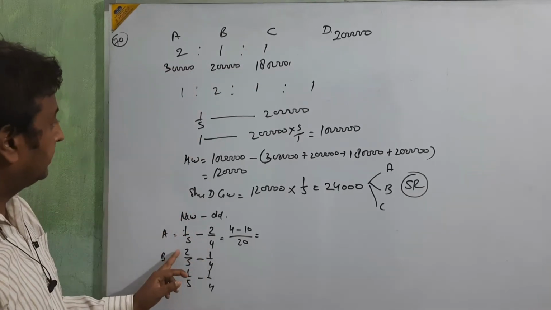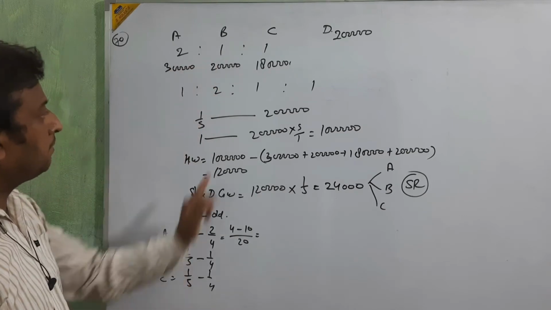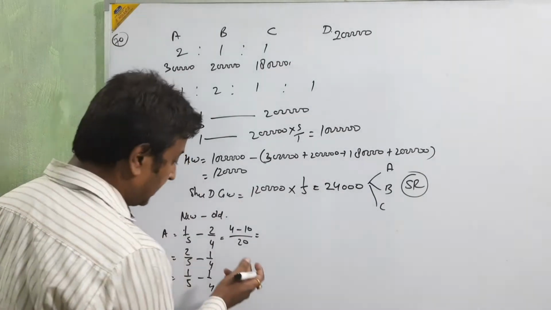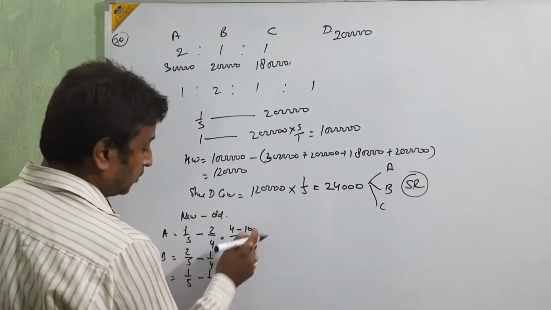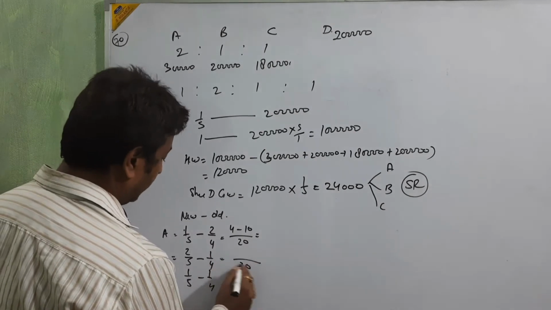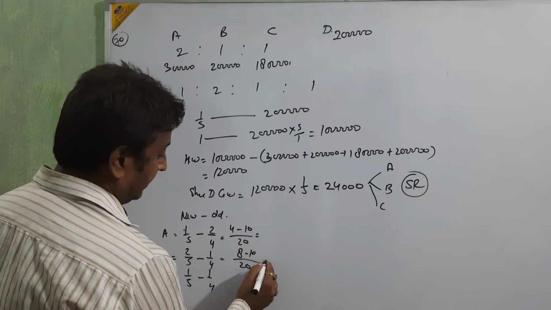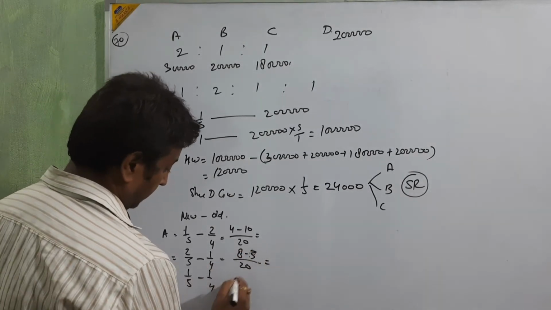Okay, beta? Then 2/5 minus 1/4. Then 1/5 minus 1/4. Then 5 4 ja 4, 4 5 ja 2, then next 20. 5 4 ja 8 and 10.